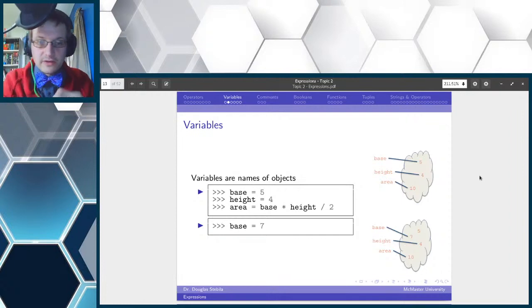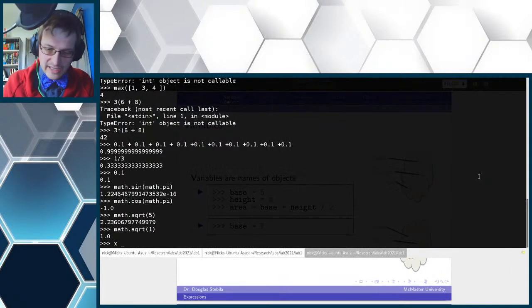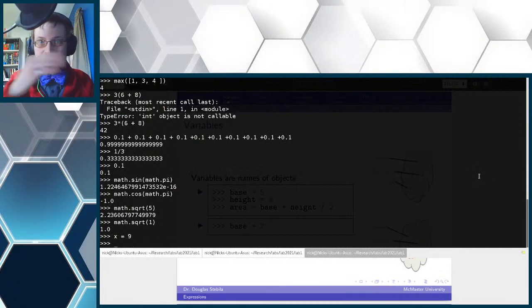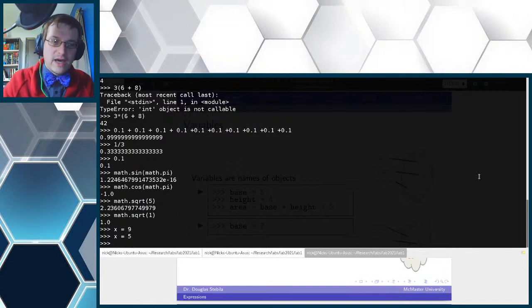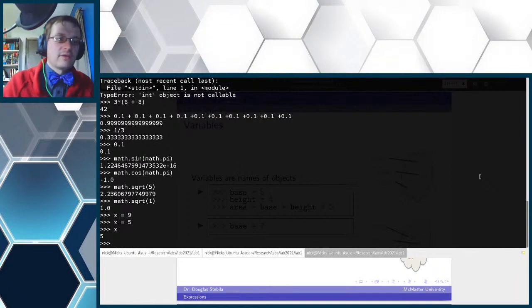This is the same way that variables work. So if I have a variable x, and its value is 9, and I assign to that variable the value of 5, if I ask for the value of the variable x, I will get 5. It no longer remembers that 9 ever existed.